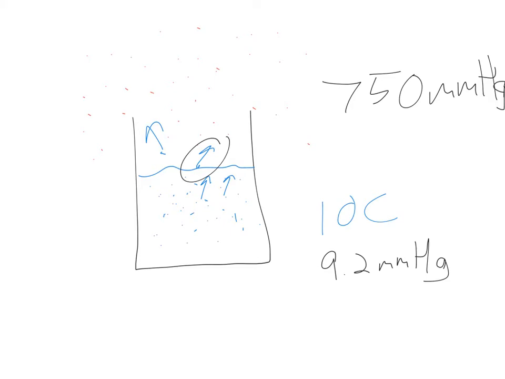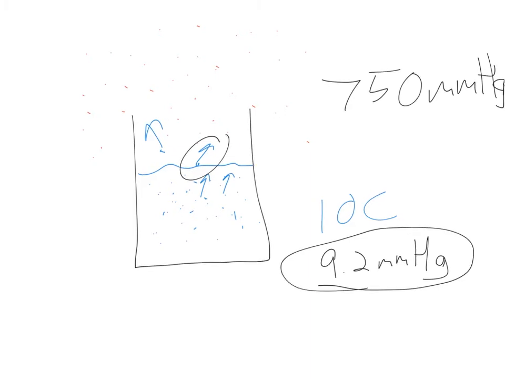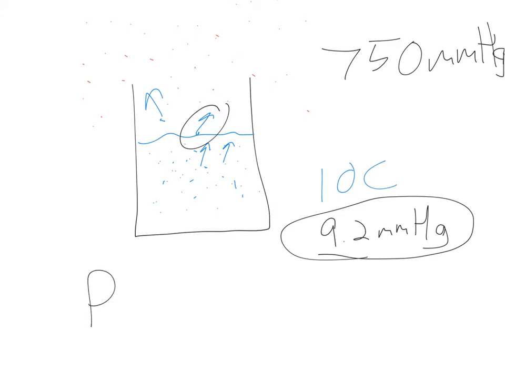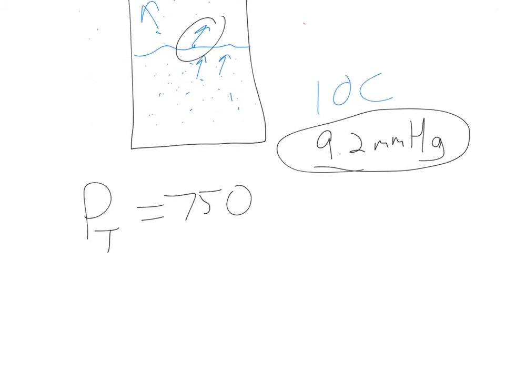If the atmospheric pressure was 750 millimeters of mercury, and I went over to my favorite pond, I would expect the water vapor pressure to account for 9.2 millimeters of mercury of that 750. So, in this case, and we can make this into a little equation, the total pressure that day was 750, and the temperature being 10 Celsius meant that the partial pressure of H2O, the water vapor pressure, was 9.2.